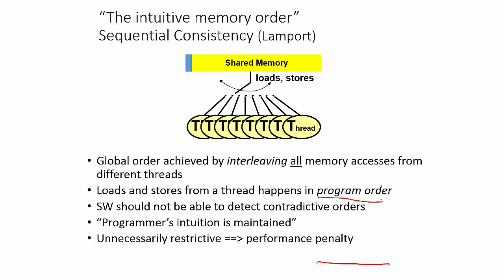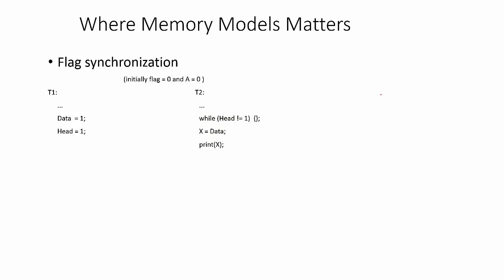If one thread sees an order, all the threads see the same order. The good thing is the programmer's intuition is maintained, but it's very restrictive in terms of performance. So really no processor implements it. But it's a good model to have as a baseline to discuss other models from.